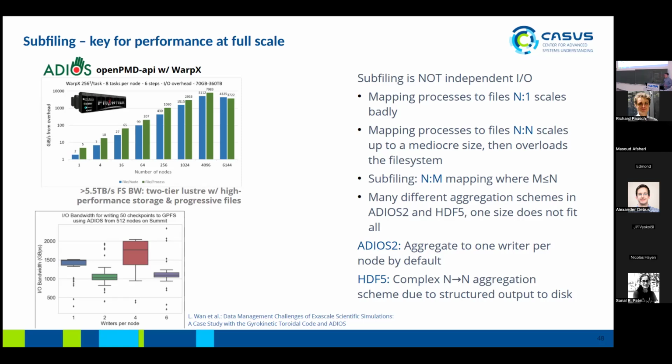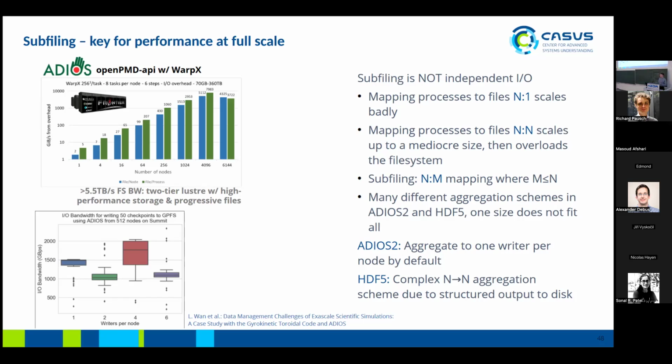Every rank writes its information, but subfiling is more than that. Because as we already saw, when we map n processes to one file, that at some point doesn't scale anymore. File striping can help a bit with that, but there's a limit.